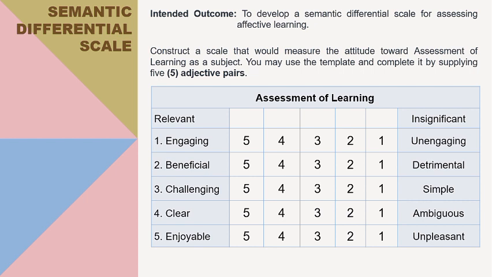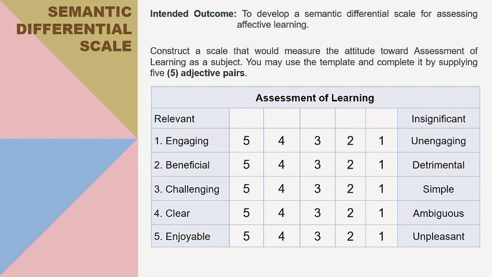So you are going to encircle a particular number that you find most related. If, for instance, for your own learning, you fairly understand the topic, you could say 3. Or let's say the question is: is the topic clear, in number 4?